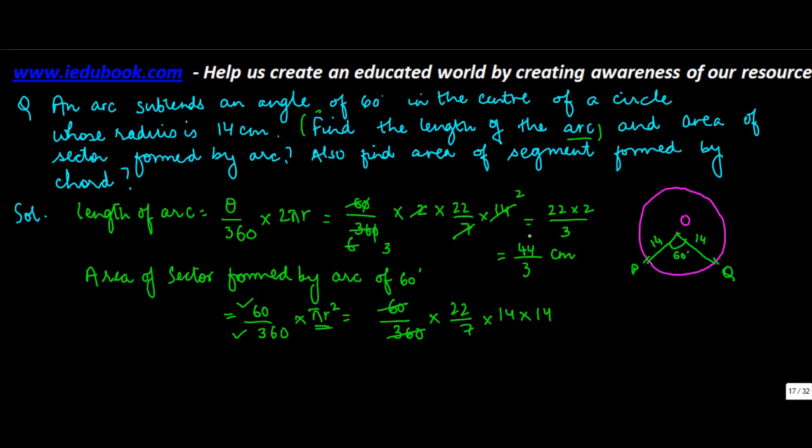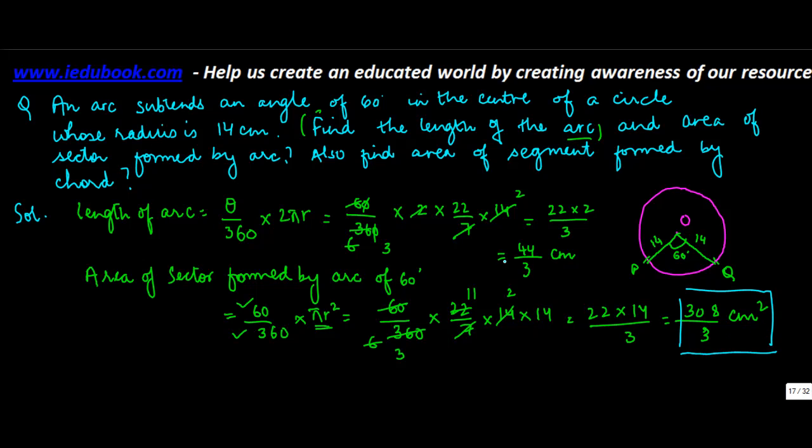Again, this we had done over here, so 1 by 6, 7 goes into 14 2 times. Anything else? I guess no. So this time you have 22 into 14 divided by 3, so this is the area. This is the length of the arc.